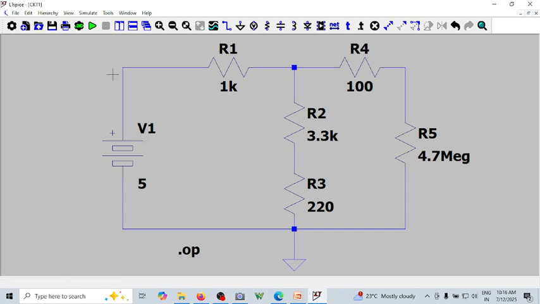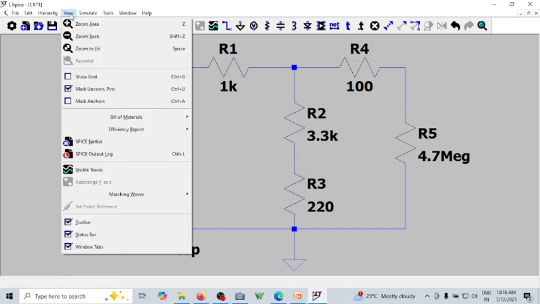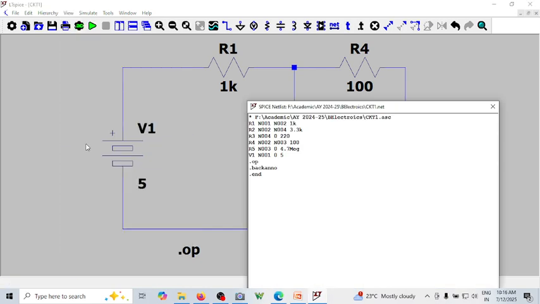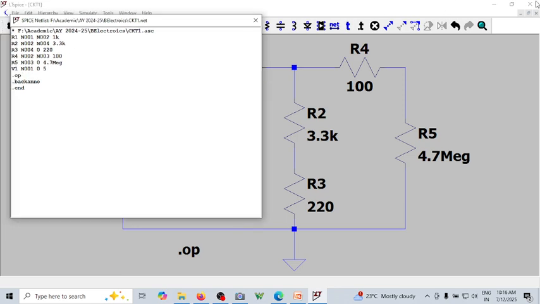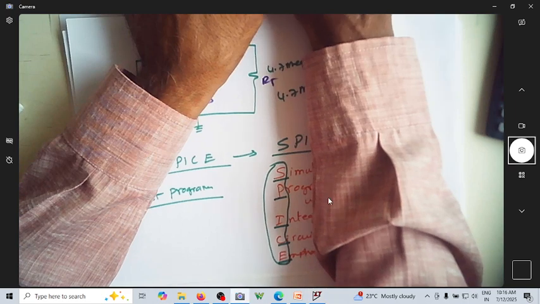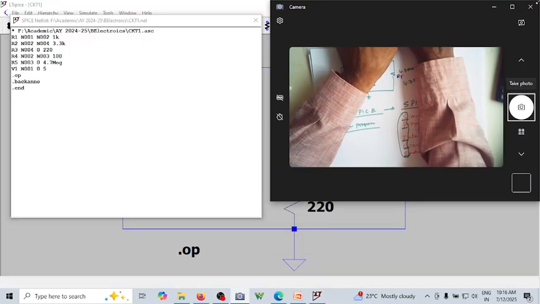For that you can go to View. Can you see there is a SPICE netlist? Click on this. Can you see this is the netlist, this is the program we have.